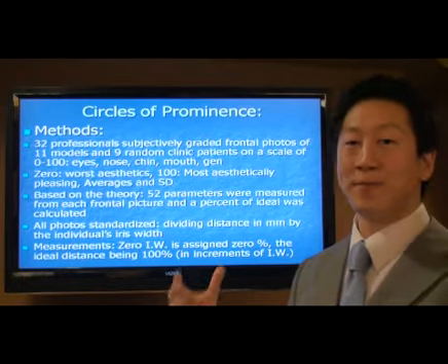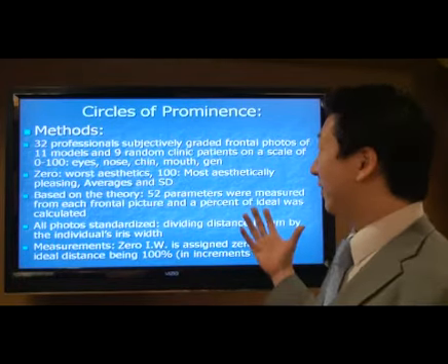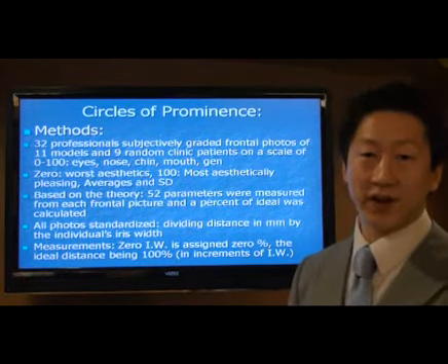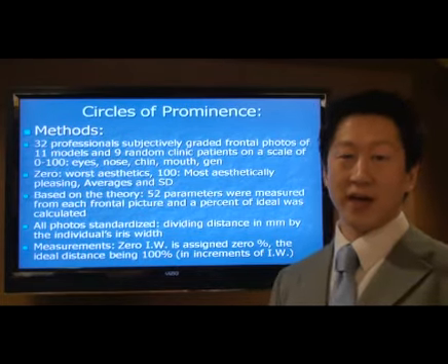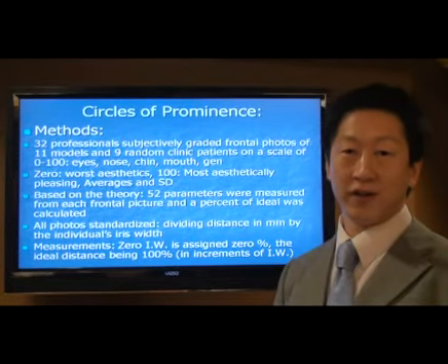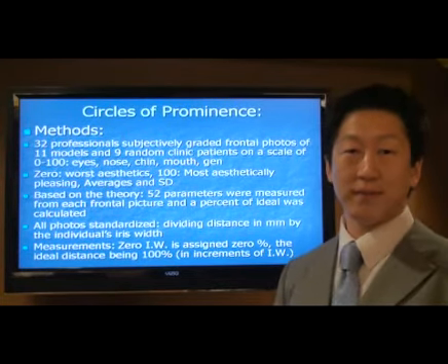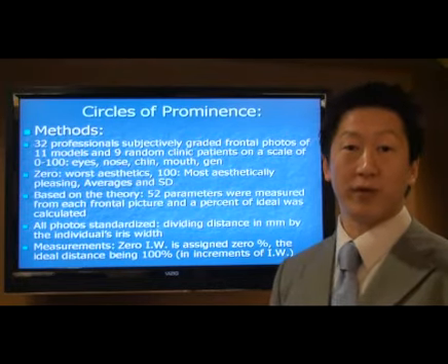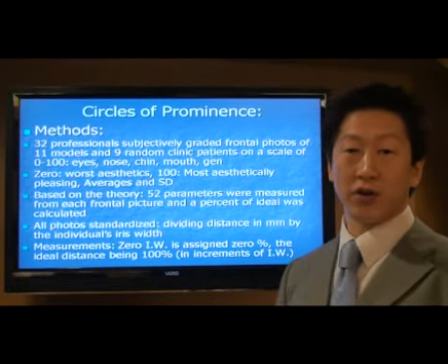And I do. I wrote a paper called The Circles of Prominence, which I published in the Archives of Facial Plastic Surgery, and I received the Sir Harold Dolph Gillies Award for this scientific paper that was published in a peer-reviewed journal article.